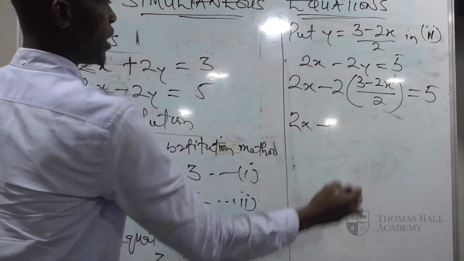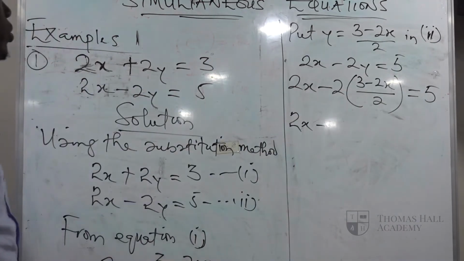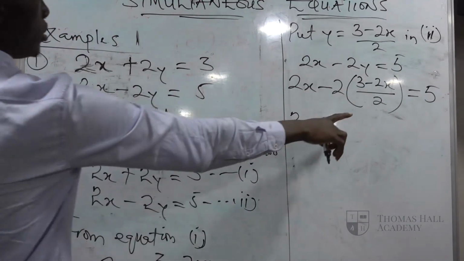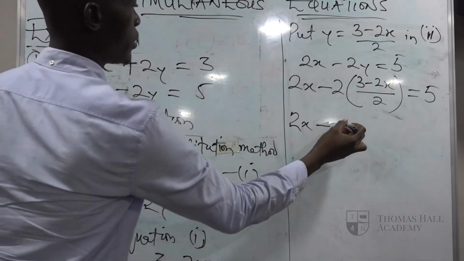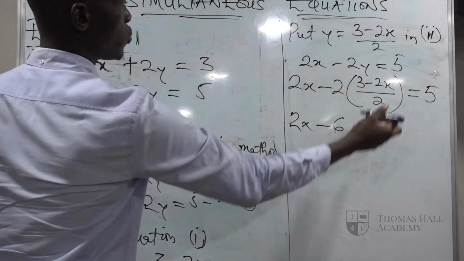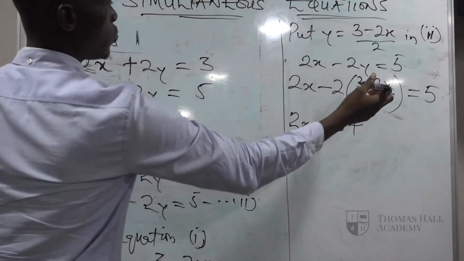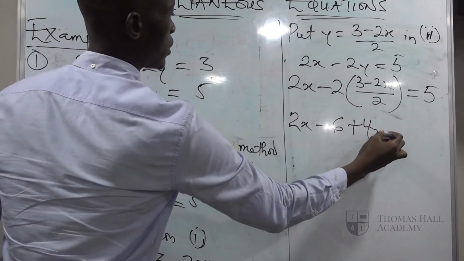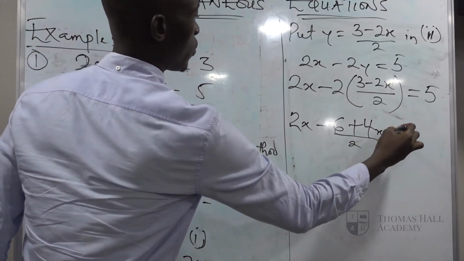2x minus, now this 2 multiplies the numerator, like I said earlier, not the denominator. So minus 2 times 3 gives us minus 6. Minus 2 times minus 2x, minus times minus gives us plus. 2 times 2x gives us 4x all over 2 equals 5.